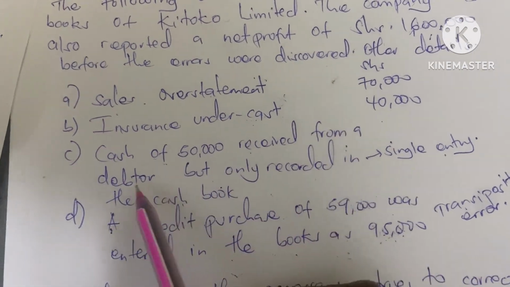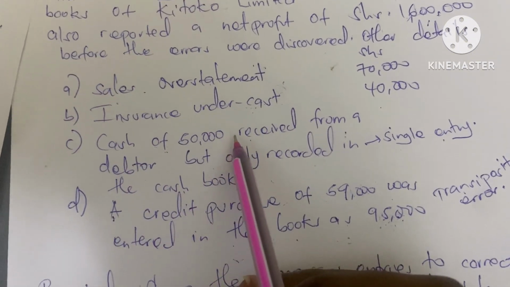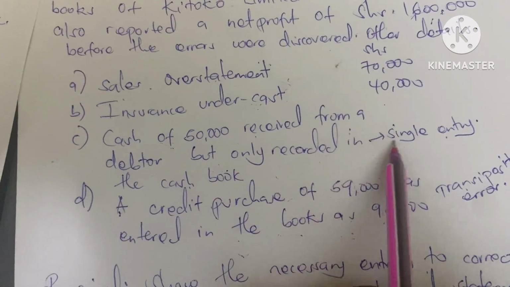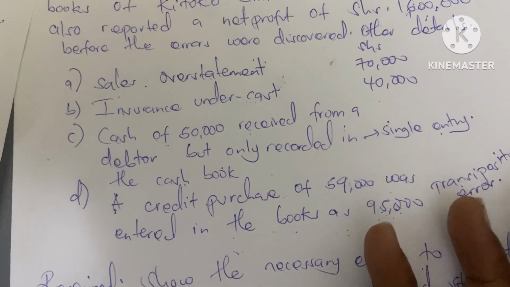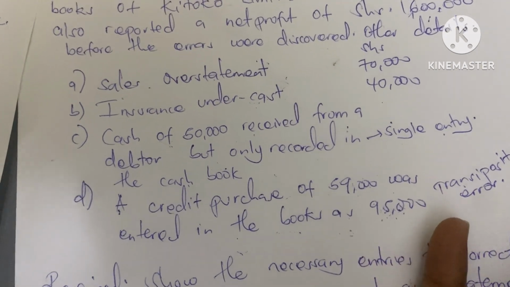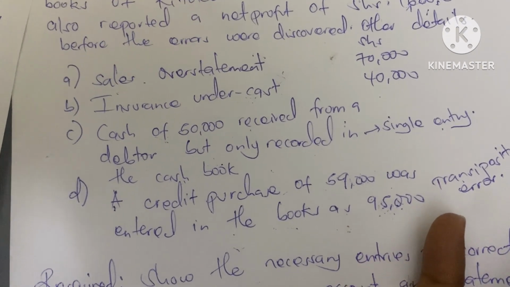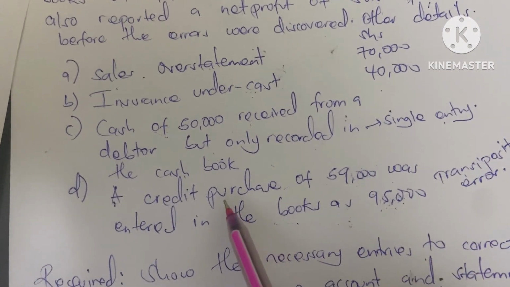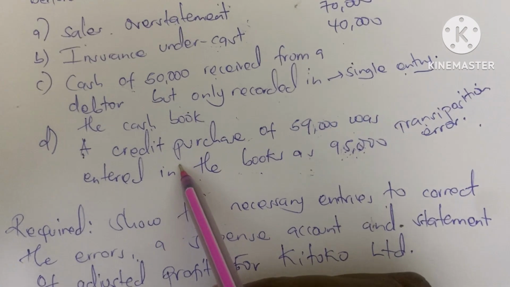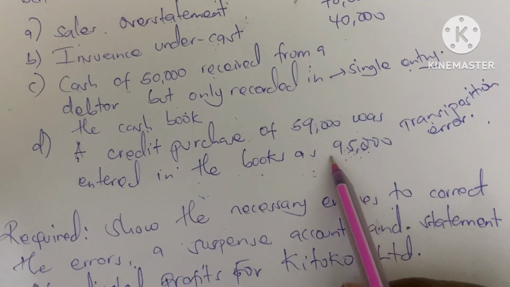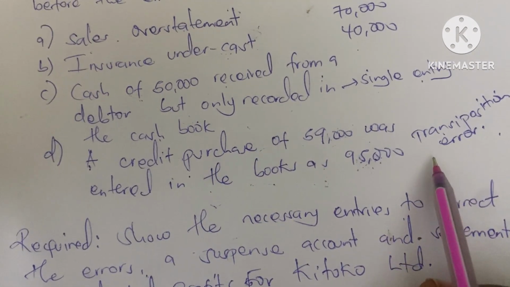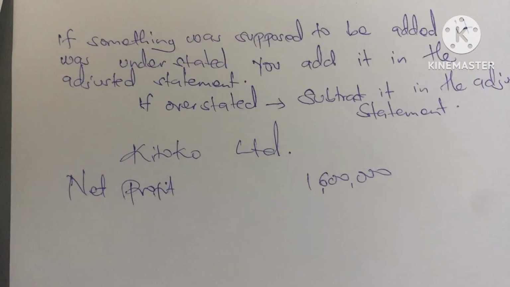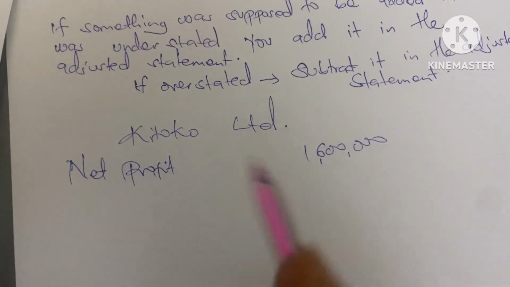Insurance was understated. Cash received from the debtors, this was a single entry thing, so there was no understatement or overstatement. Then this, purchases were understated. So how are we going to deal with this?